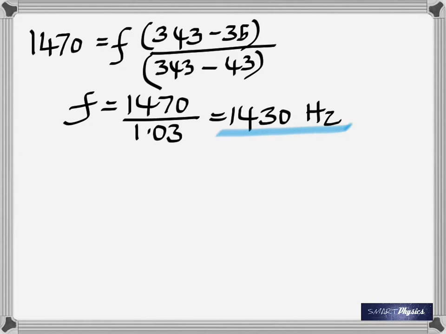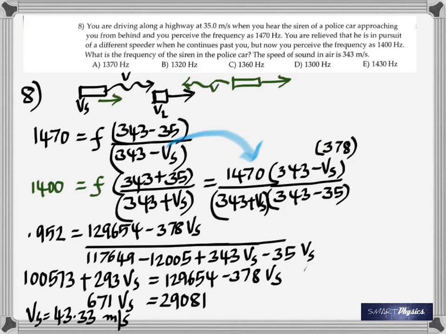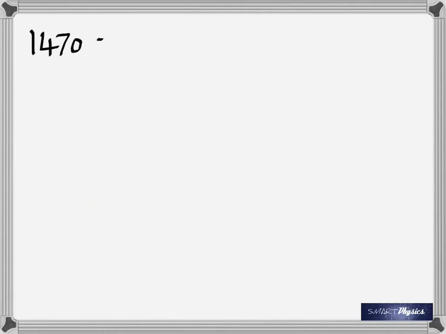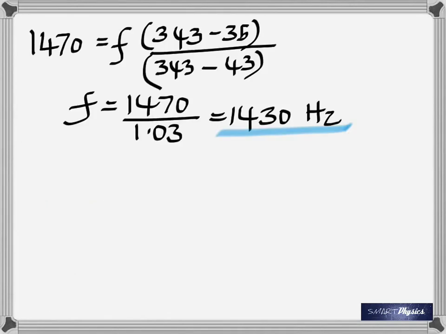What we got is the velocity of the source, and we substitute that back and find the frequency as 1430 hertz. Let me take you back and show you that what we did get was the velocity of the source. And so we put that back into the equation and get the actual frequency, which is 1430 hertz.